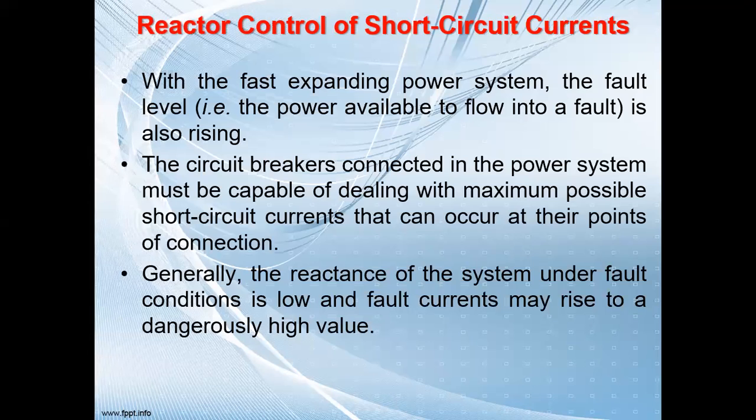Now one thing we have to think about: when there is a fault in the system, what happens to the current? Let us say the system has some rated current capacity. If there is a fault, will the current increase or decrease? Increase. It will increase to a very high value, maybe 3 to 5 times the normal rated current.